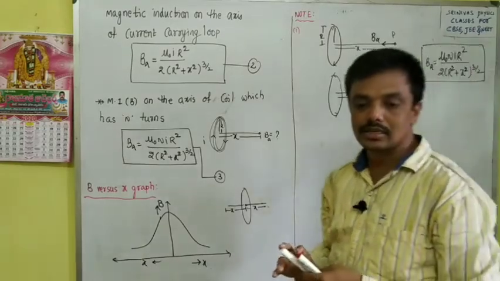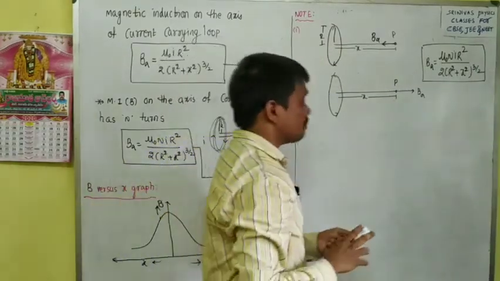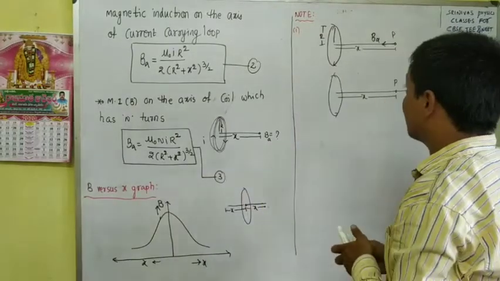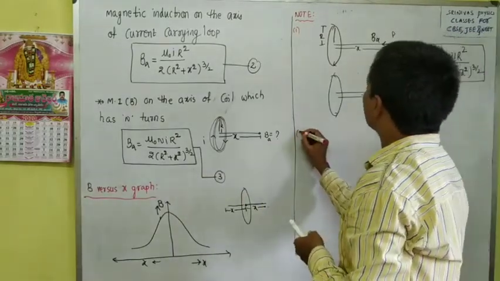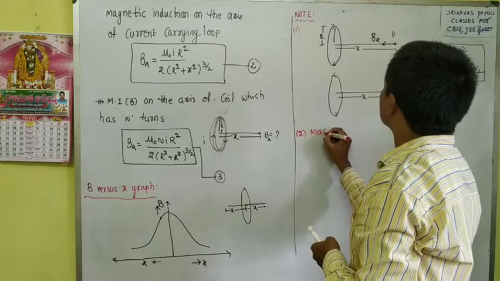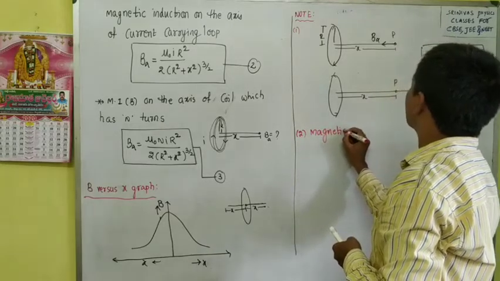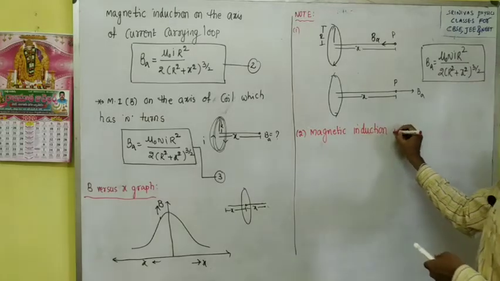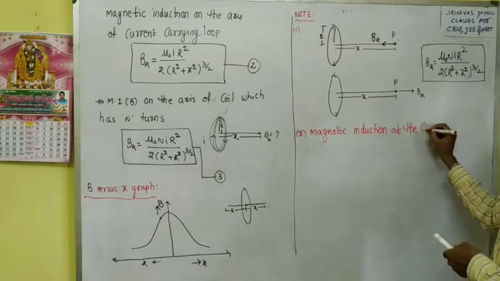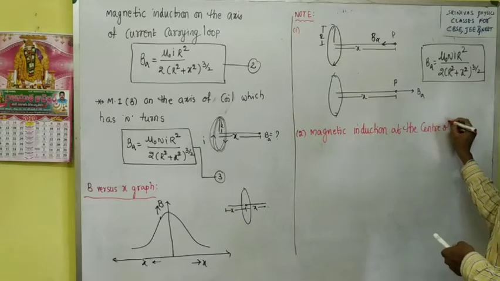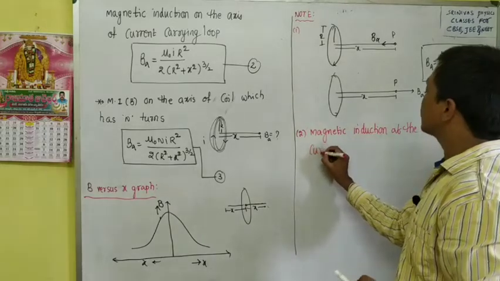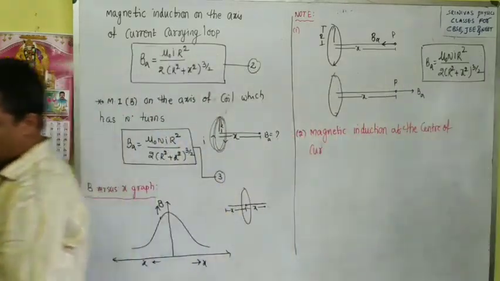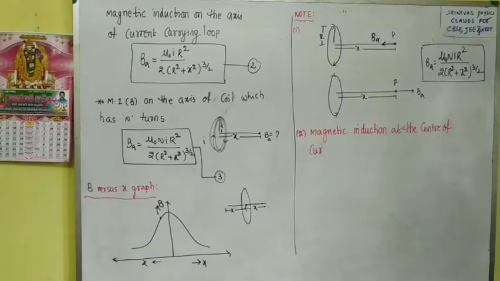Next, let us see what is the magnetic induction at the center of a current carrying coil. One point I will tell. I want the magnetic induction at the center of the current carrying coil.